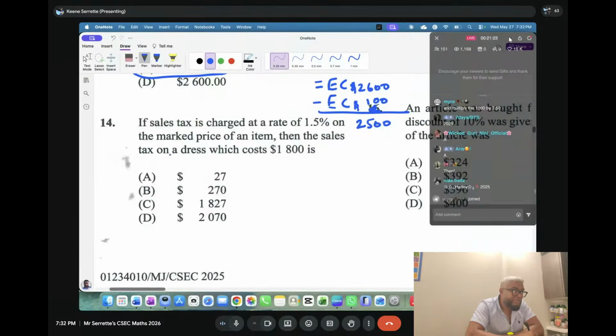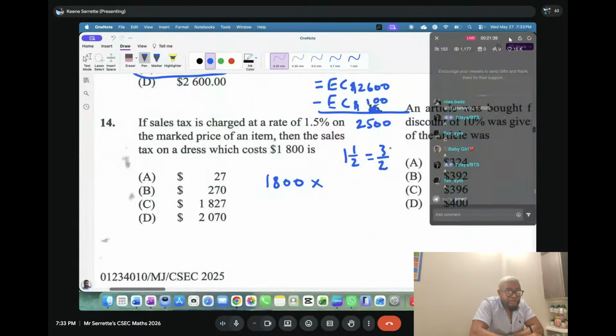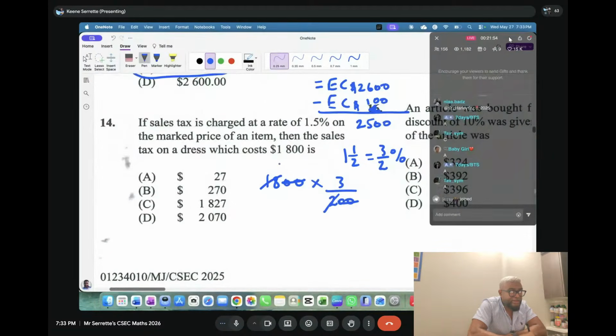Then the tax on a dress would be 1,800 multiplied by 1.5%. 1.5% is actually 3/2%, which can be written as 3/200. That's how you write 3/2%. So when I cancel these zeros here, 2 into 18 would be 9, and 9 multiplied by 3 gives me 27.